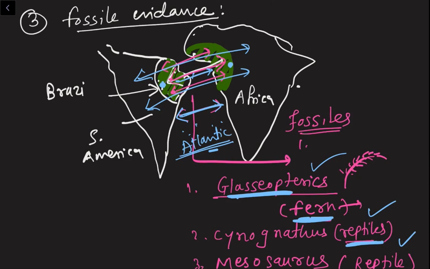Like we know that humans evolved in Africa, then they traveled somewhere else, right? But there may be a possibility that they may have evolved in India also. We don't know exactly. Okay, so questions were raised, but still the fossil evidence is one of the strong evidences that Wegener postulated.